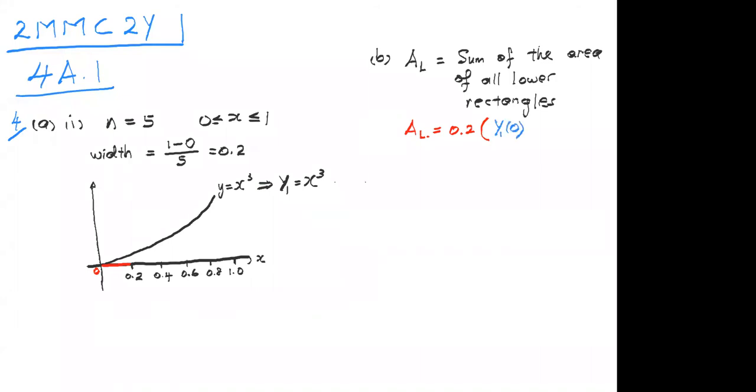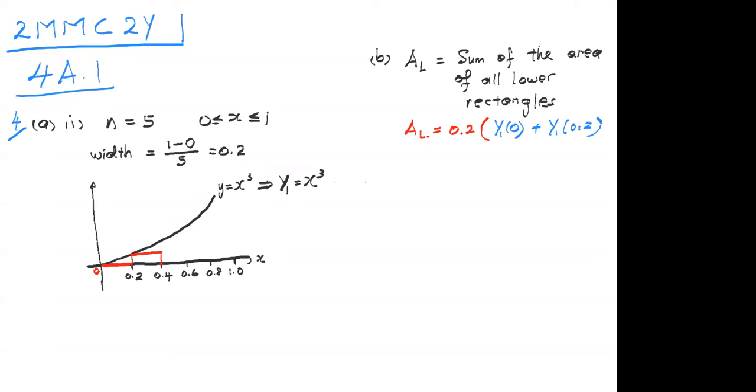Clear? Now the second rectangle is here. Lower. So I have to use y1 0.2. Correct?